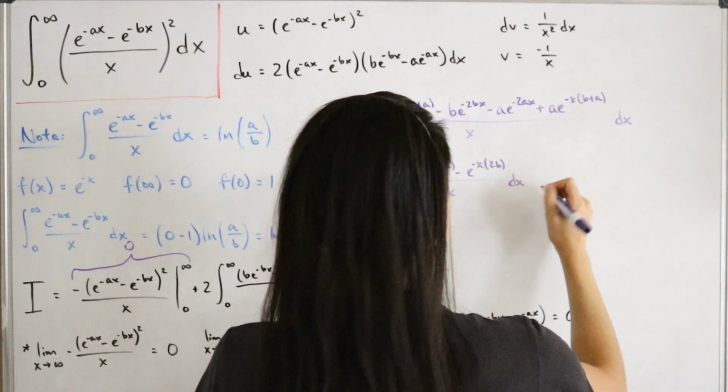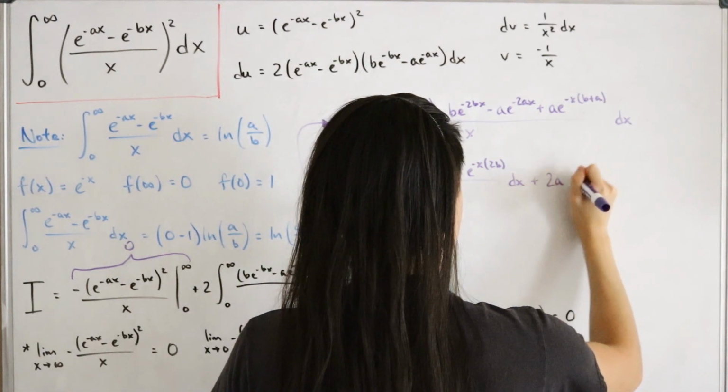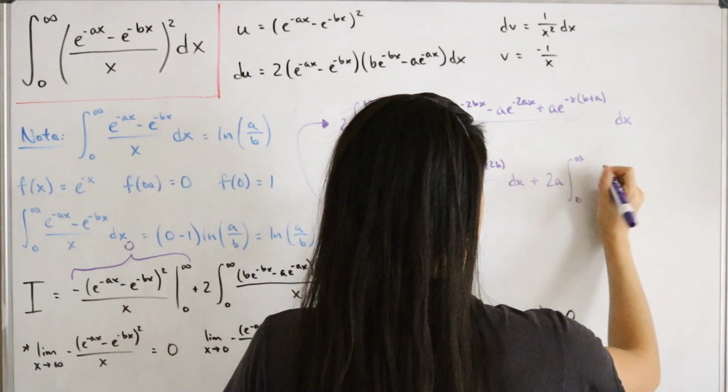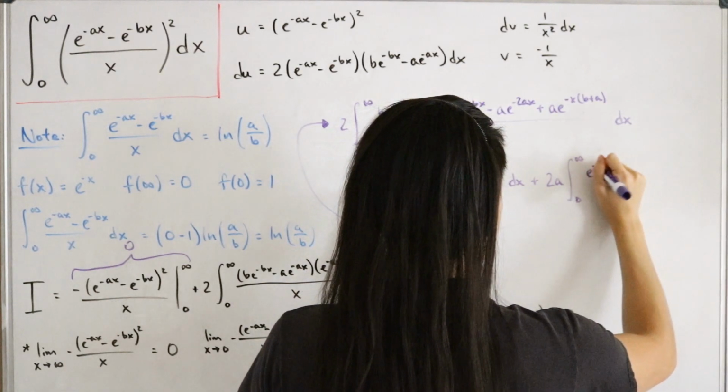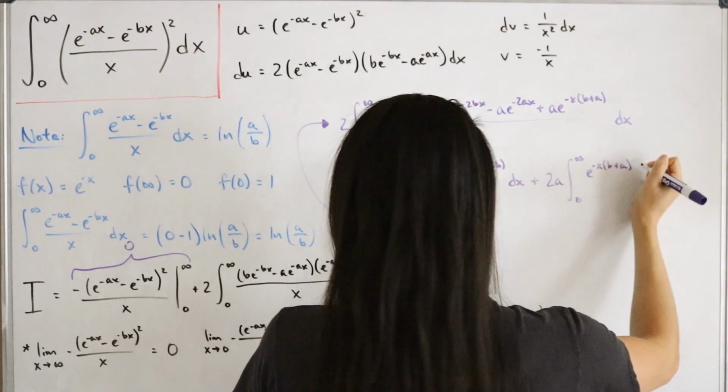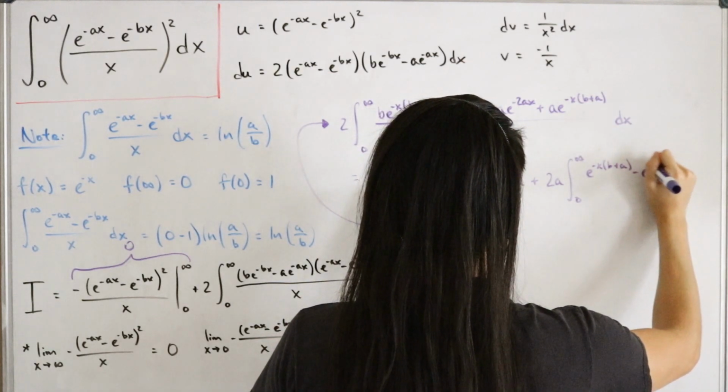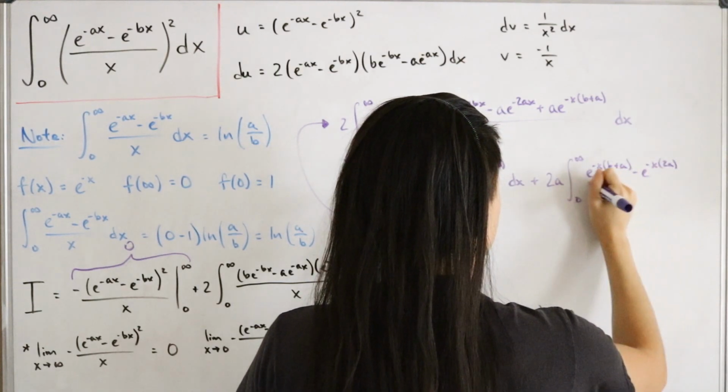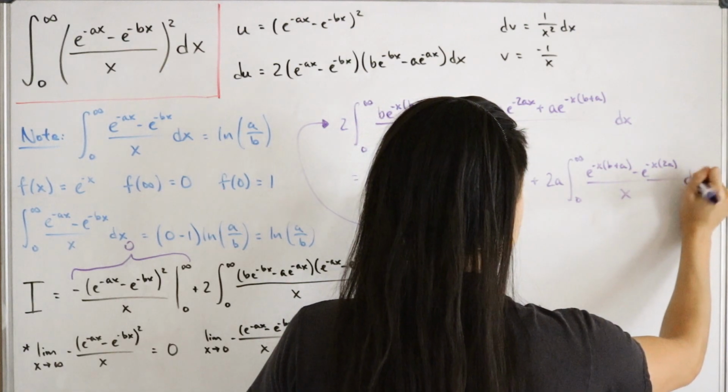Then you just do the same thing for the a quantity, so plus 2a multiplied by the integral from 0 to infinity of e to the negative x times b plus a, and then subtract e to the negative x times 2a, divided by x, and then dx.